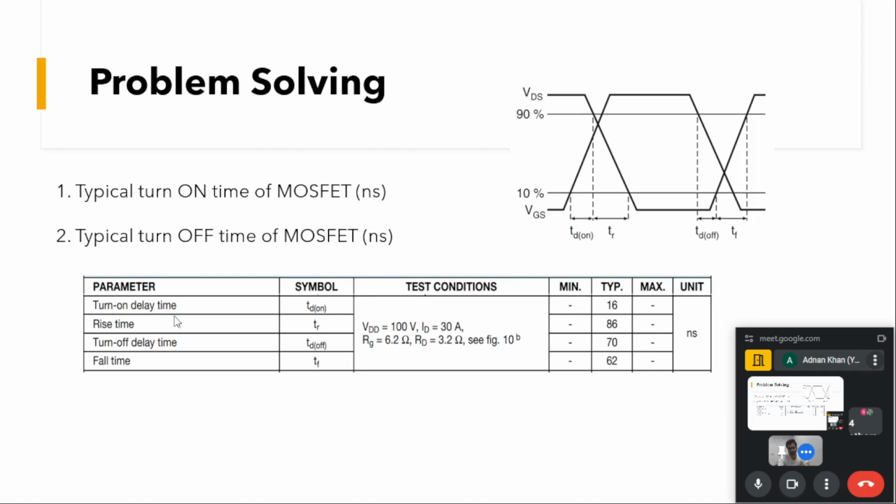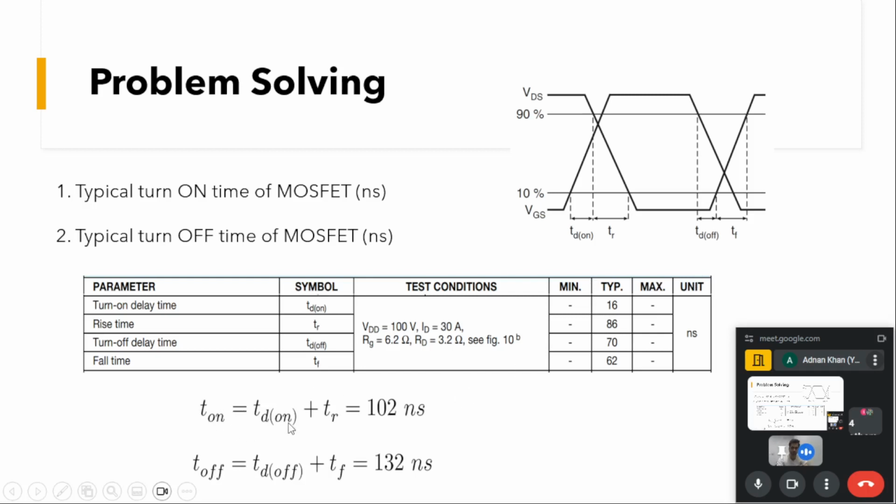So for the typical turn on and turn off, this is the data sheet, and you can see that the turn on delay time TD on, rise time, turn off delay time and fall time are provided here in nanoseconds for particular test conditions. These values may vary in practical applications under other conditions, but here we have to go by this data sheet.